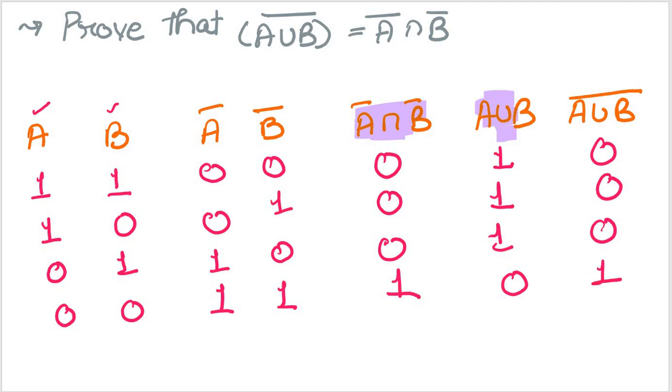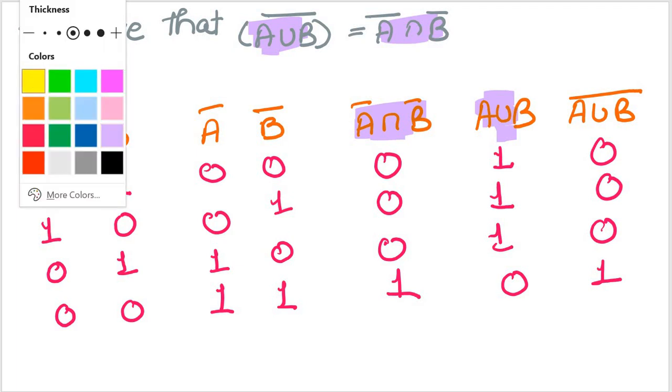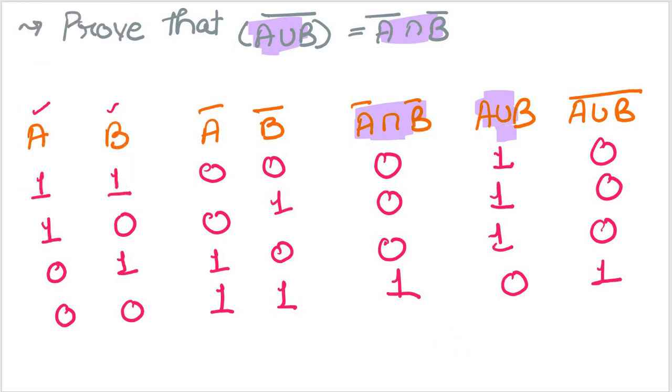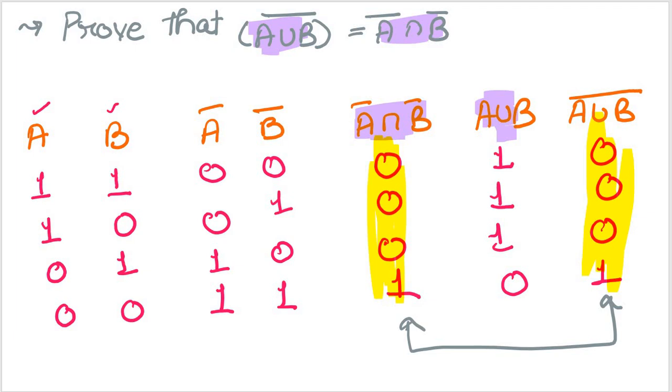And we have to prove whether this part is equivalent to this part or not. Looking at this particular thing, we can identify that this and this are the same thing. So in this case, I can prove this with the help of a membership table.